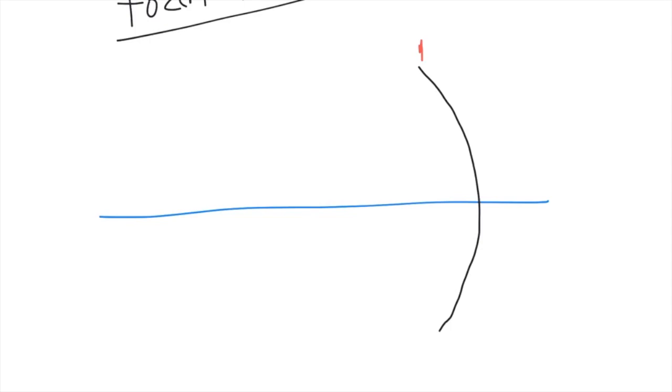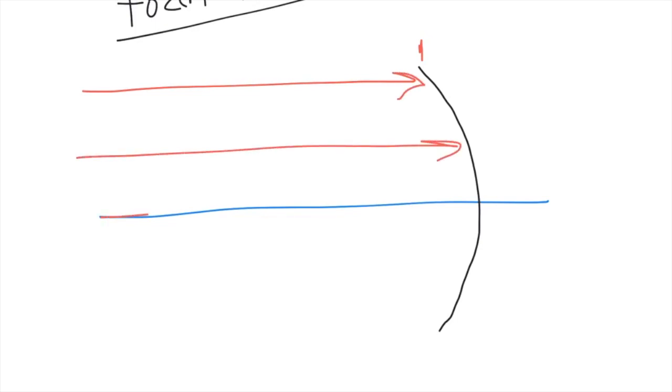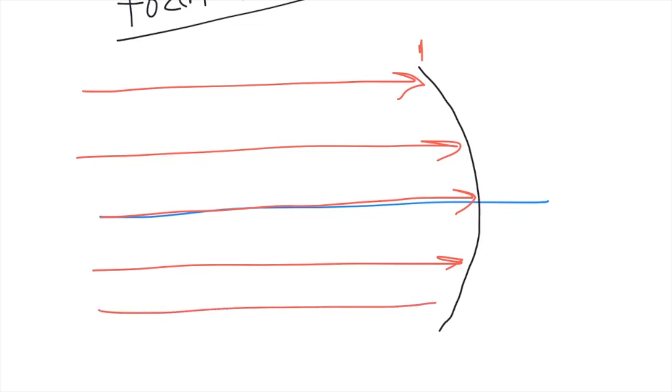So the light ray is going to come in, and let's say we shine a beam of light like this. We have light rays coming in that are all parallel to that line down the middle. That line down the middle is called the principal axis for this mirror. And this mirror is called a spherical mirror, because if you can imagine, we had this big round spherical ball of mirrored material, and we cut a little circle of it out. That's what would form this mirror.